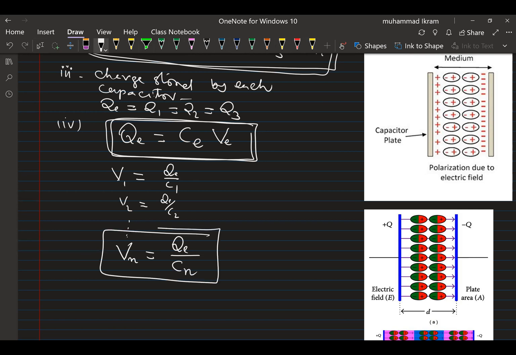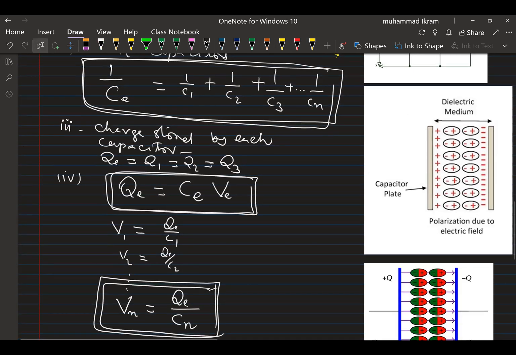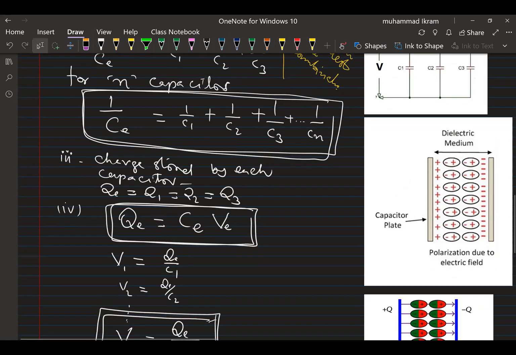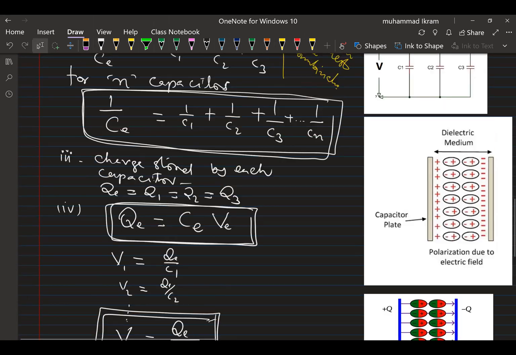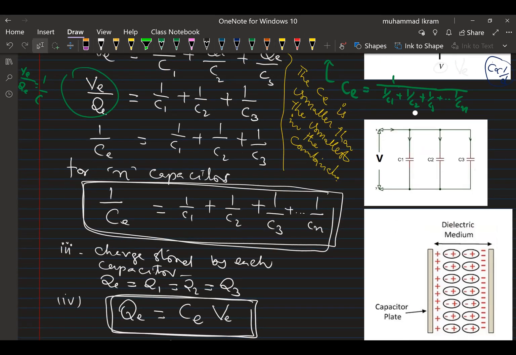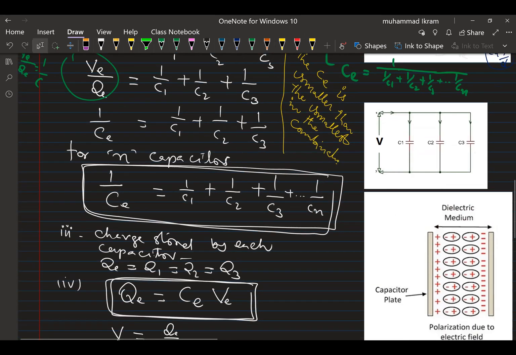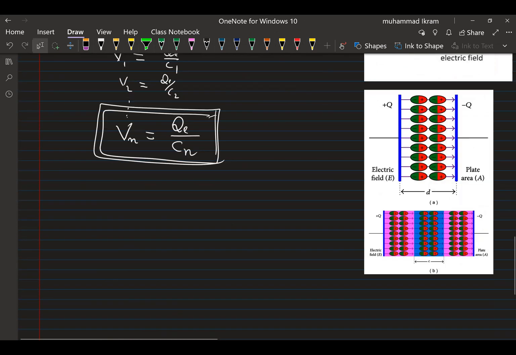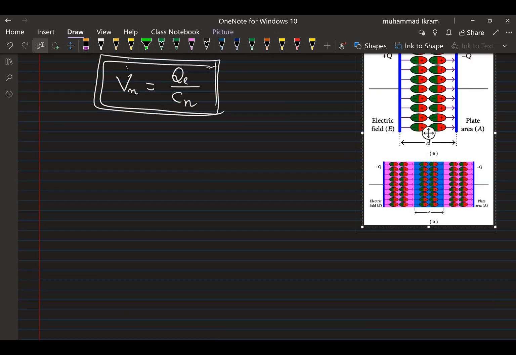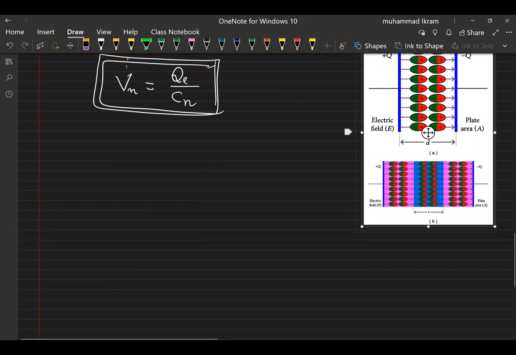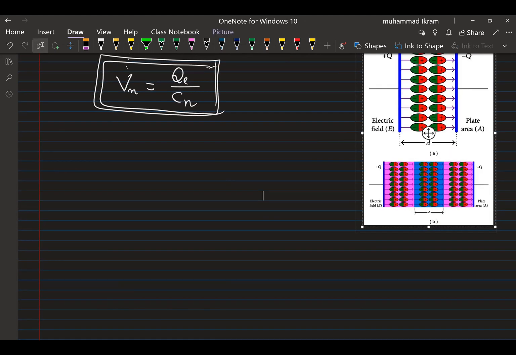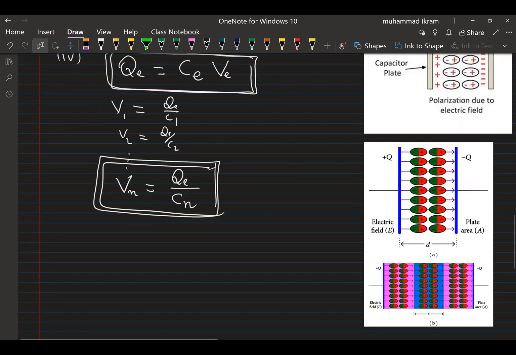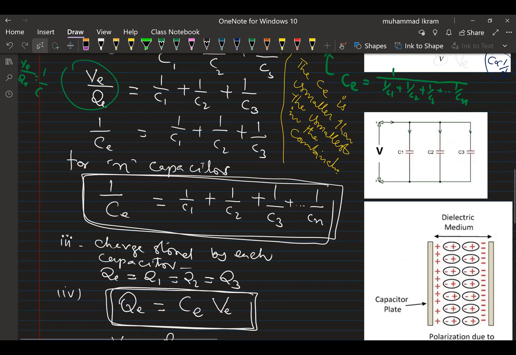So you have these important formulas for the series combination of capacitors, including the equivalent capacitance expression in its simplest form. These four formulas can be used to simplify the circuit. Now let me do for you the parallel combination of capacitors.